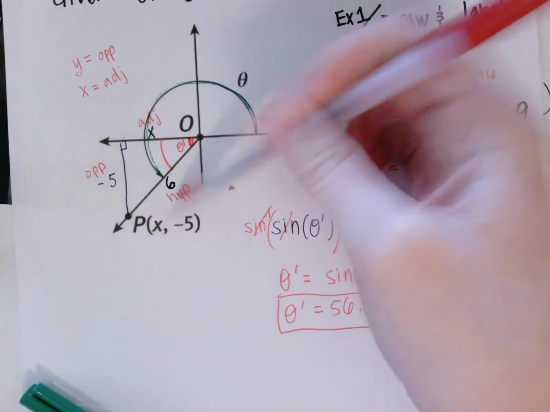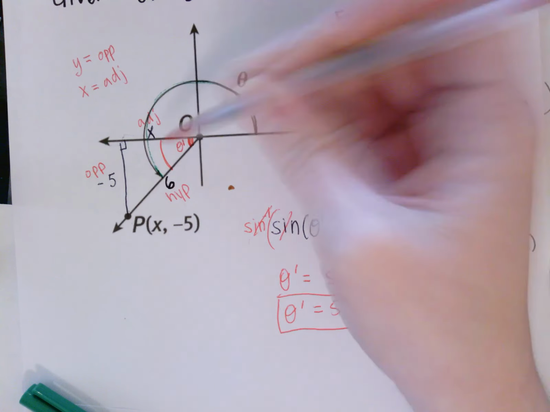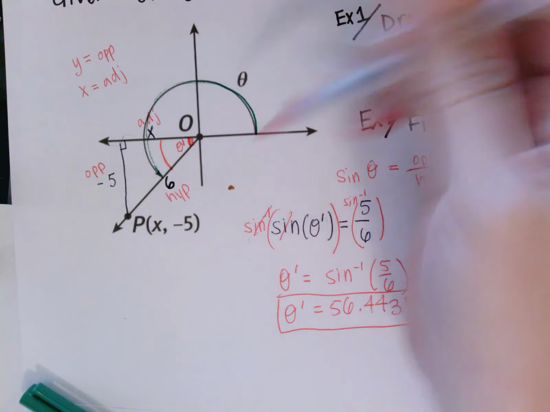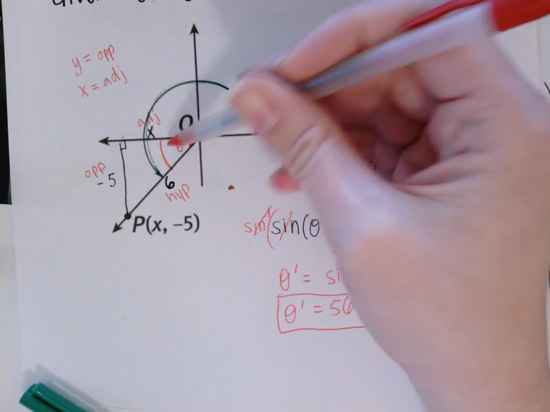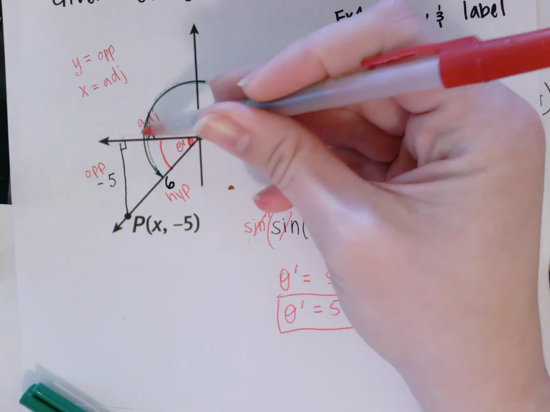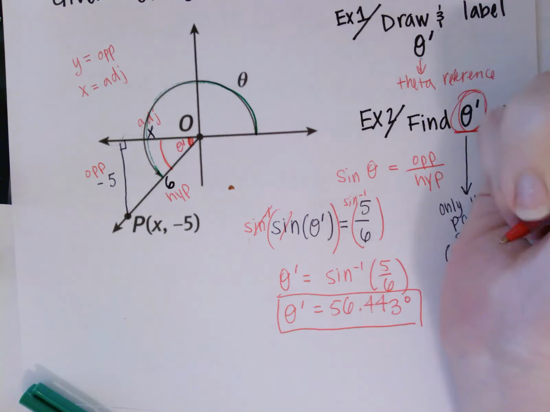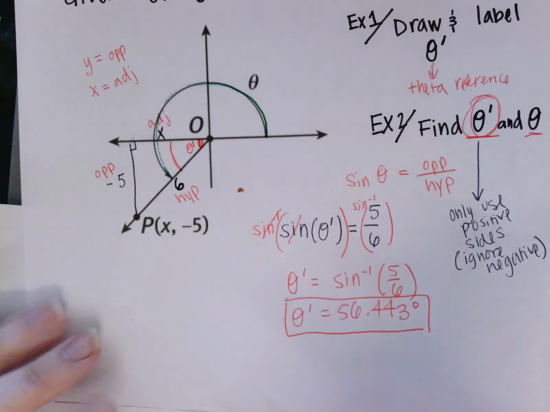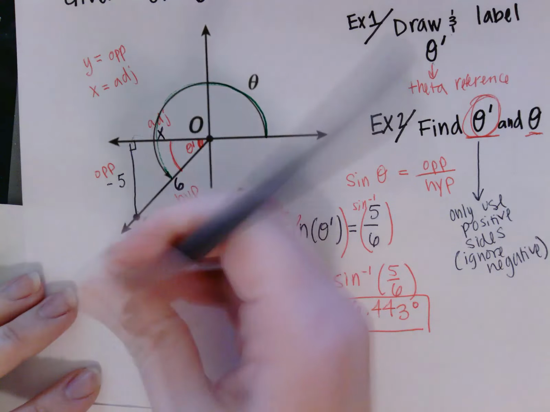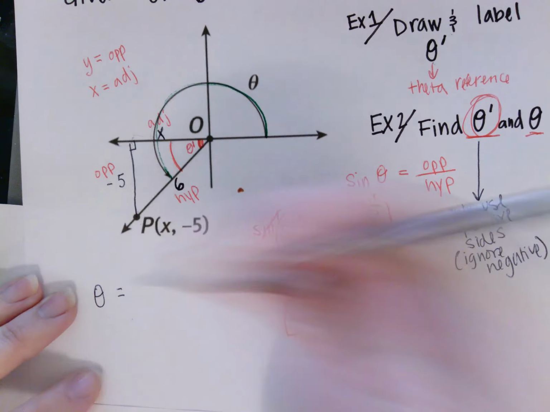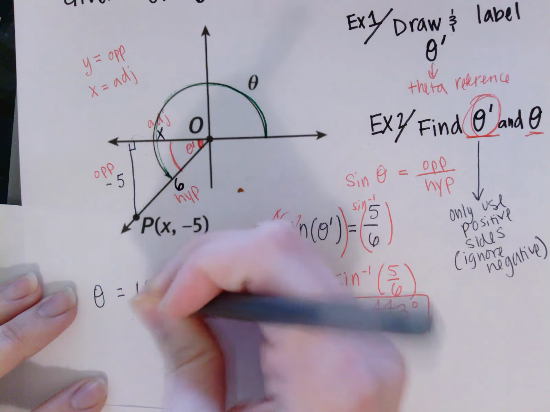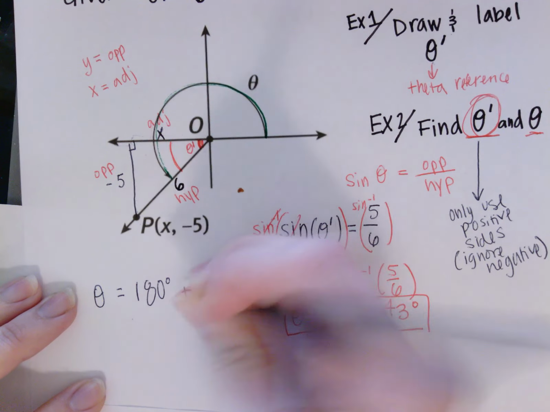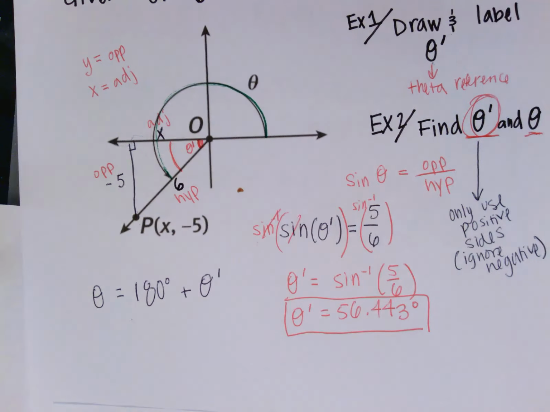In this third quadrant, theta is going to equal theta reference plus this extra half a circle. Well, half a circle is 180 degrees, so in this case, theta is going to equal 180 degrees plus theta reference.